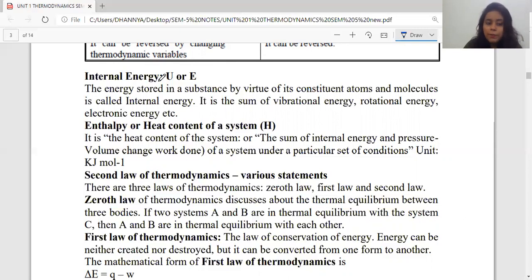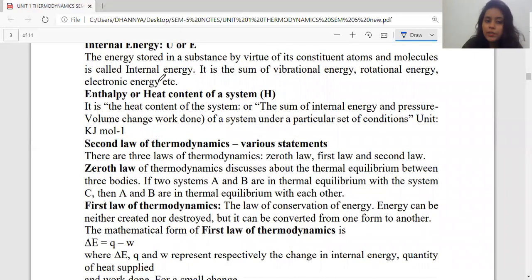Then we have another parameter which is called enthalpy, which in other words is also called the heat content of the system, and it is always denoted by H. Now what exactly is enthalpy? We always have to remember that enthalpy is the sum of internal energy, which is E, plus pressure and volume.